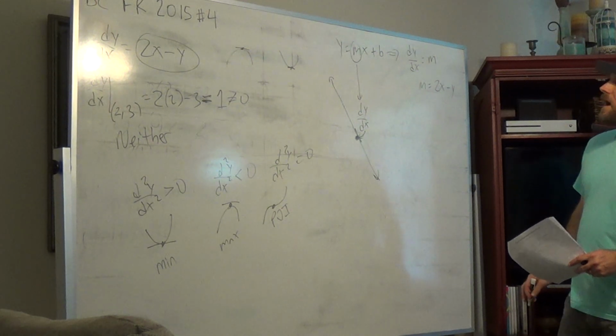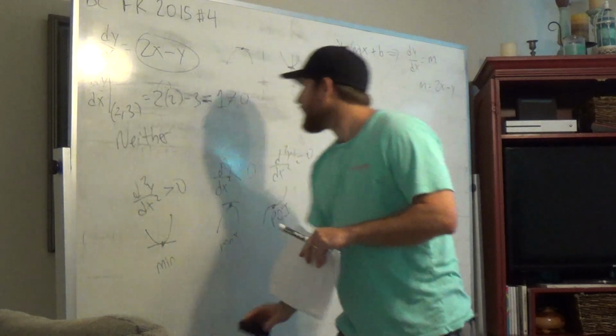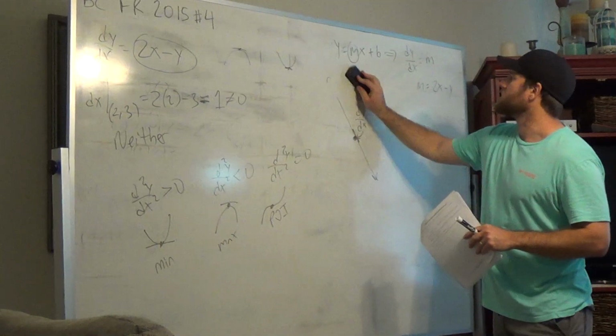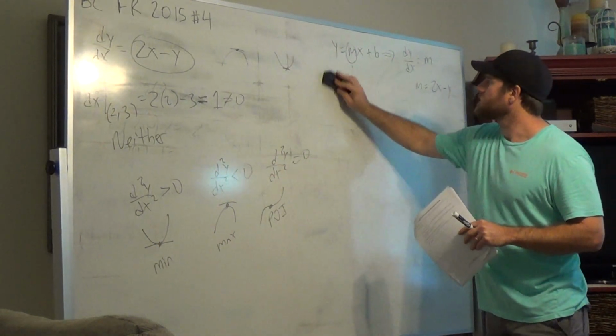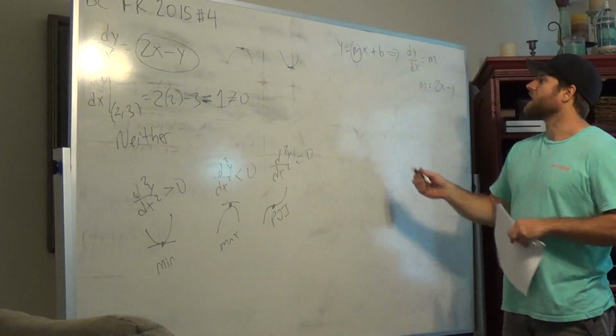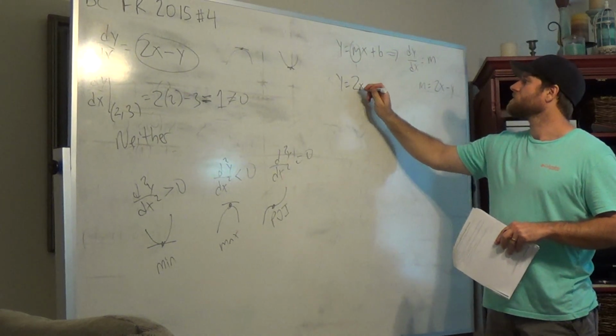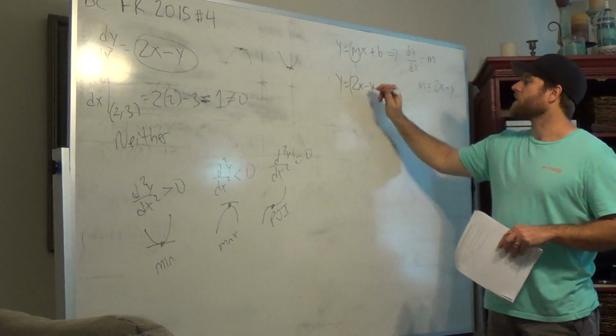Now, why is that important? Well, if the m has to equal 2x minus y, I should be able to go back here and replace the m with 2x minus y.